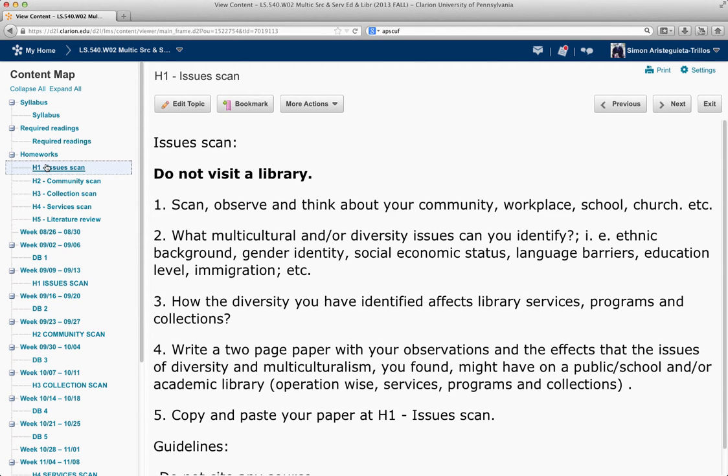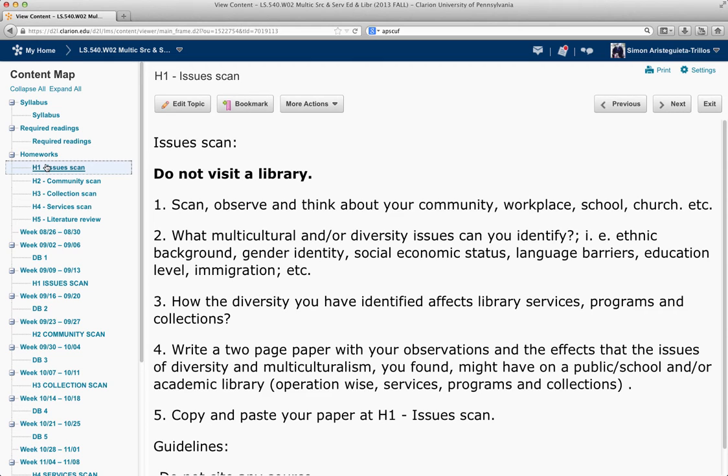Like I said, homework 1 and 2 are awareness homeworks. Awareness. I want you to be aware of your world. Be aware of your community. Okay? You don't have to visit a library. What you have to do is scan, observe, and think about your community, your workplace, your school, your church, your neighborhood. Okay?